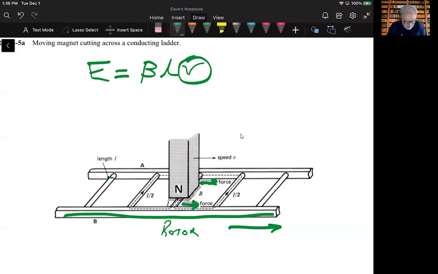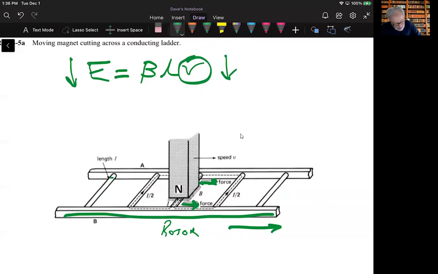The rotor current, very large at first, slowly decreases as the motor picks up speed. If this relative speed goes down, the voltage is going to go down, and if the voltage goes down, the current's going to go down too. The speed will continue to increase, but it will never quite catch up with the revolving field.